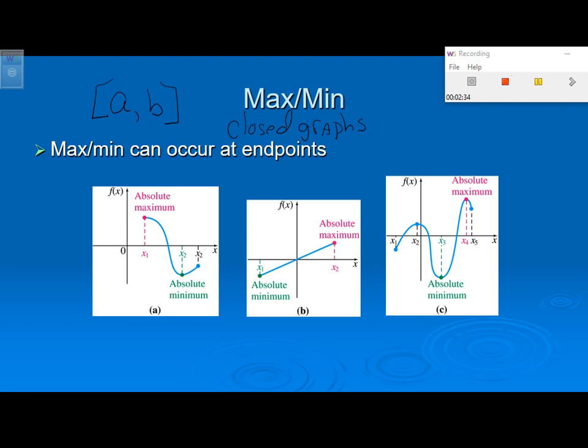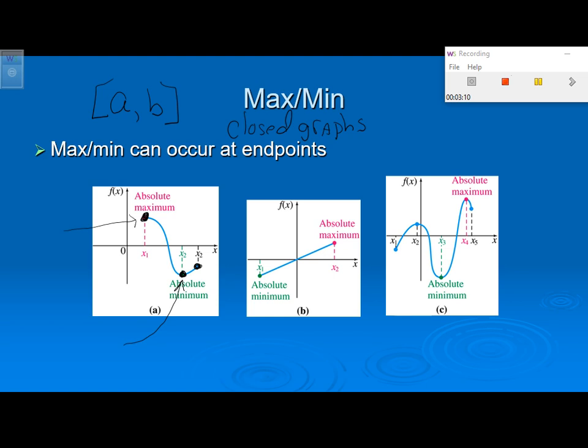I'd like for you to notice that on this first graph, the absolute maximum occurred at an endpoint, but the absolute minimum occurred somewhere within the interval a to b. And then I still have this other endpoint, but it was nothing to us. So my maximum occurred in this case at the endpoint, but my minimum occurred within the interval.